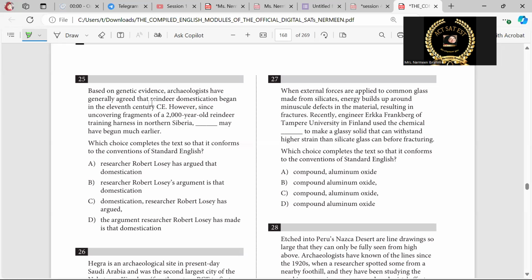Let me choose a volunteer to answer our question. Let me go for Tariq. How are you, Tariq? Assalamu alaikum. I'm good. Alaikum assalam wa rahmatullah.